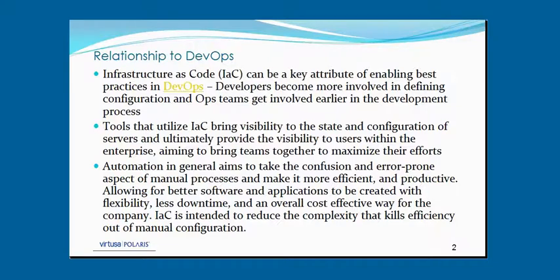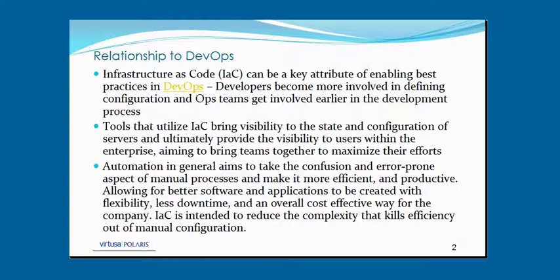Developers become more involved in defining configuration and the ops team gets involved earlier in the development process. Second, tools that utilize IaC bring visibility to the state and configurations of servers and ultimately provide visibility to users within the enterprise, aiming to bring teams together to maximize their efforts.